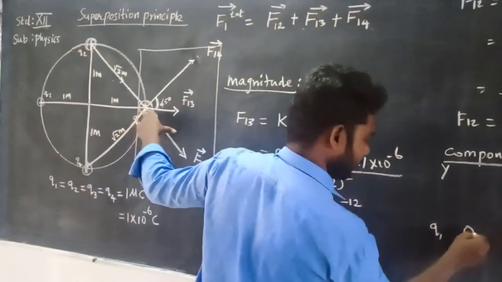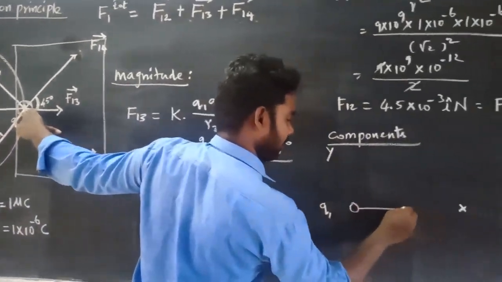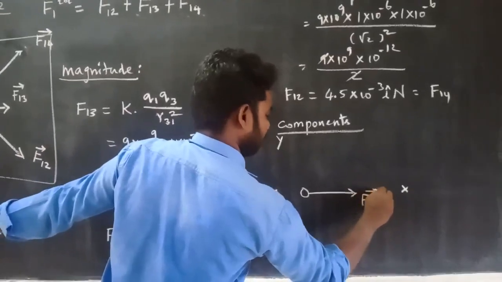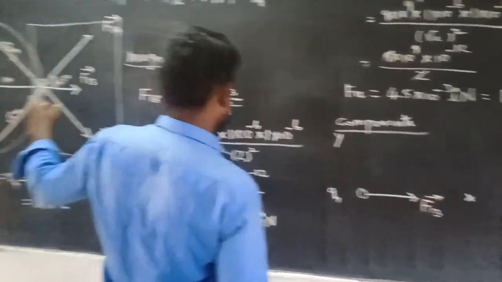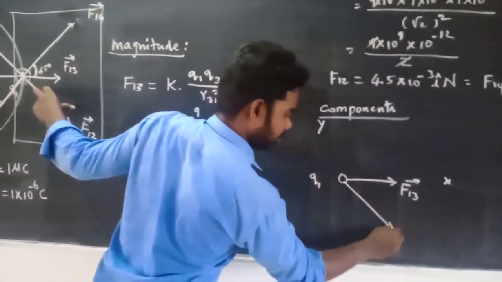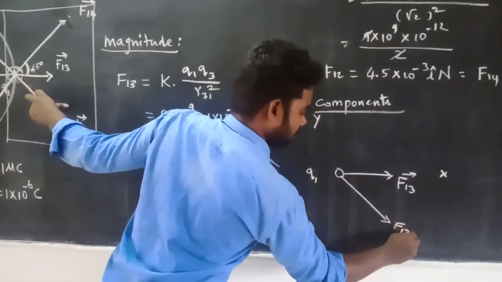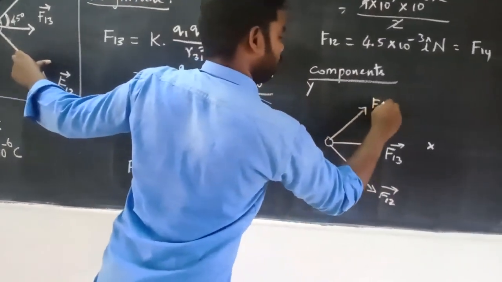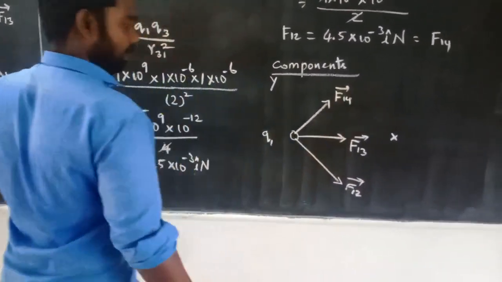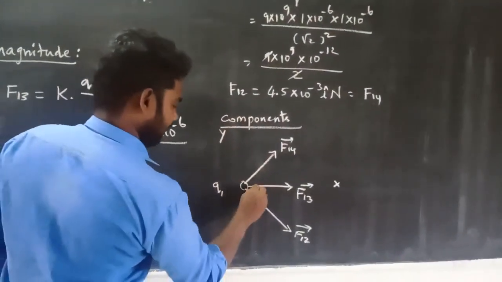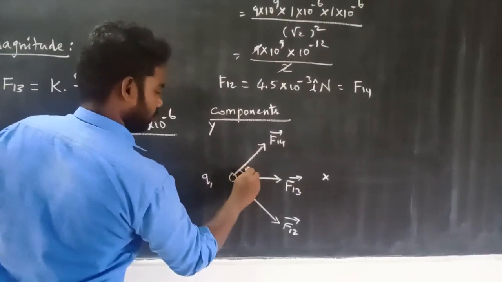So the force F13 is acting this side, F13 vector. Now F12 vector acting here, and here F14 vector is acting.